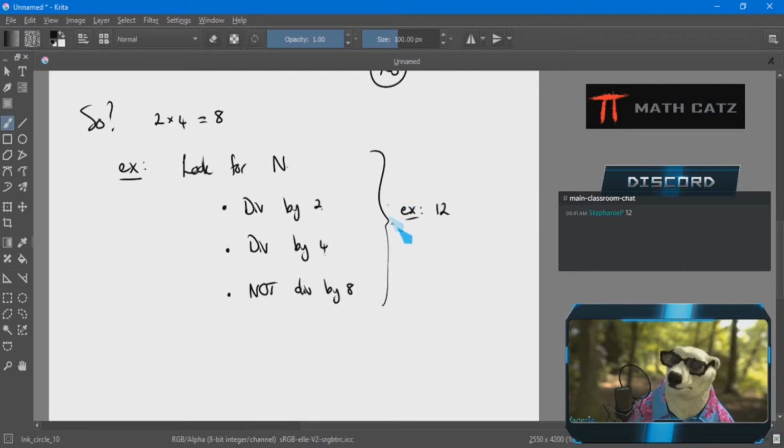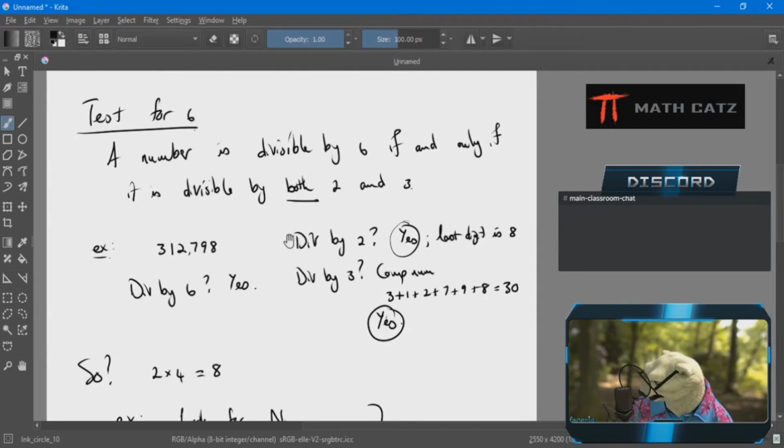So very, very easily, there are examples that show that this way of thinking that the test for 6 gives me can't necessarily just be generalized for anything. I can use 2 times 3 equals 6 to remember this test, but don't run with it and think, oh, now it works for everything.